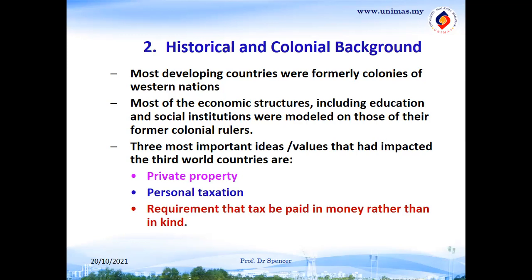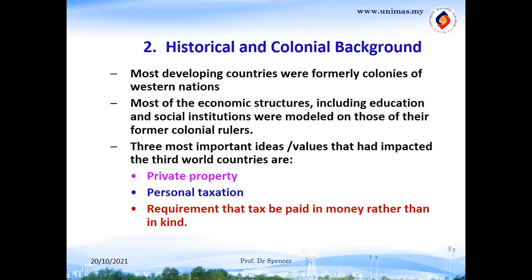Contohnya Malaysia, kita mencontohi the British system of education. Kalau di Indonesia, very much following the Dutch system of education. Okay, so di negara-negara di Afrika kebanyakannya model after the French model of system of education.